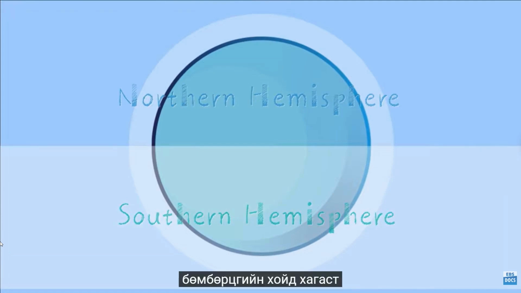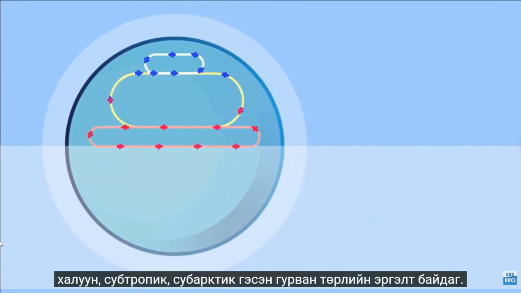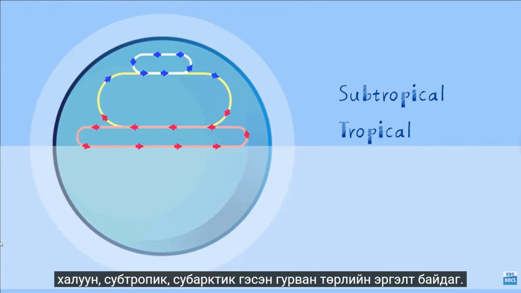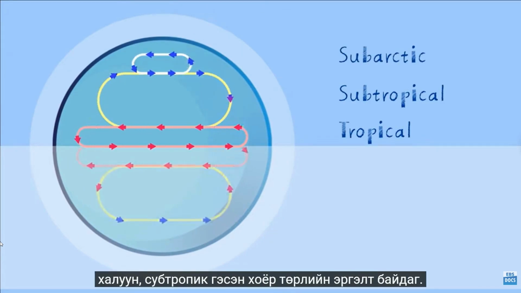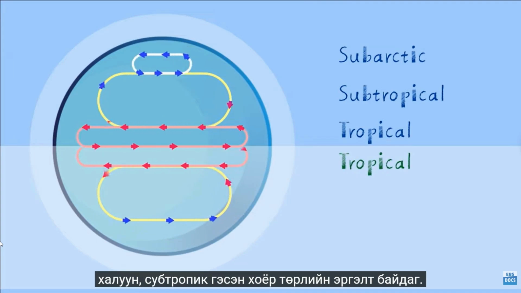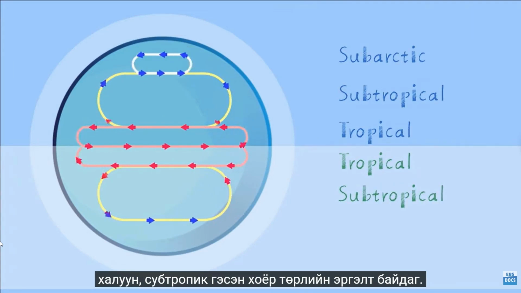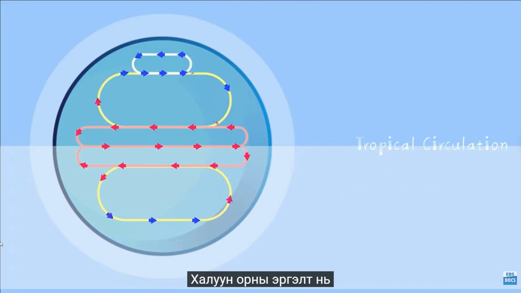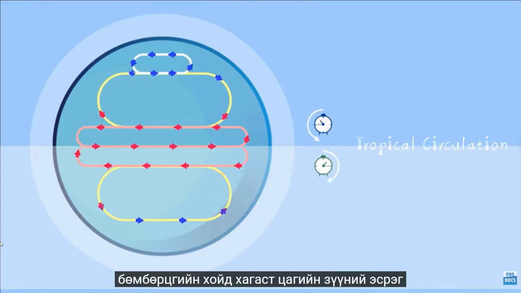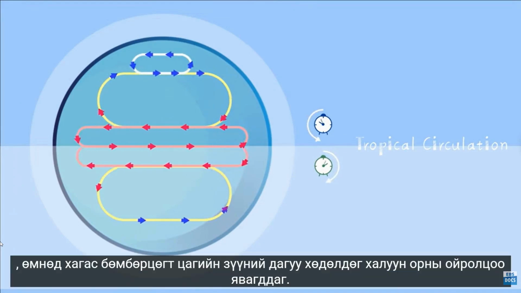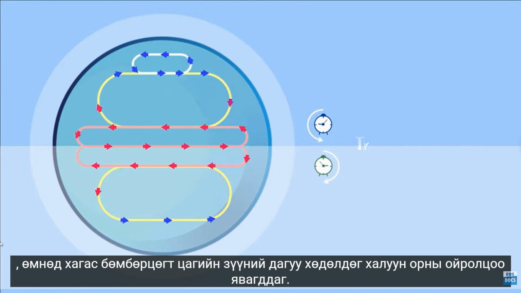In the northern hemisphere, there are 3 kinds of circulation: tropical, subtropical, and subarctic. However, in the southern hemisphere, there are only 2 types of circulation: tropical and subtropical. Tropical circulation occurs near the tropics, moving in a counterclockwise direction in the northern hemisphere and a clockwise direction in the southern hemisphere.